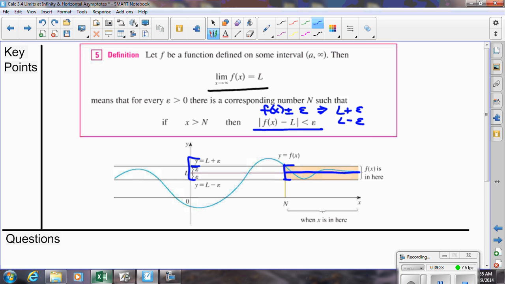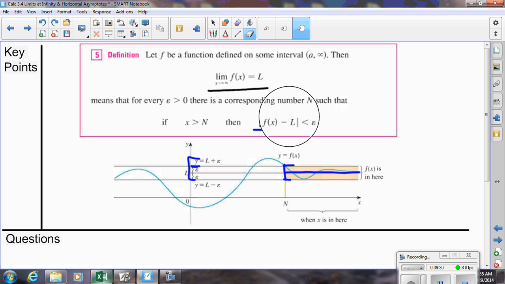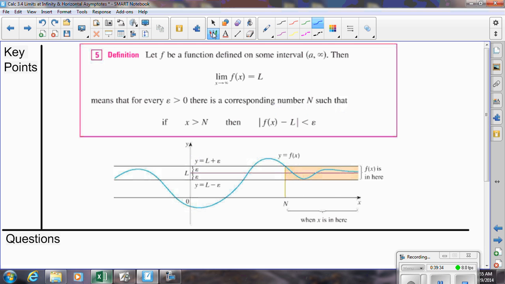And so our limit at infinity is just saying this notation means there will be some x value, which we are going to call capital number N, so that if you go past this big number N, you will be able to crush in on the height and keep the function inside the plus minus bounds of epsilon.